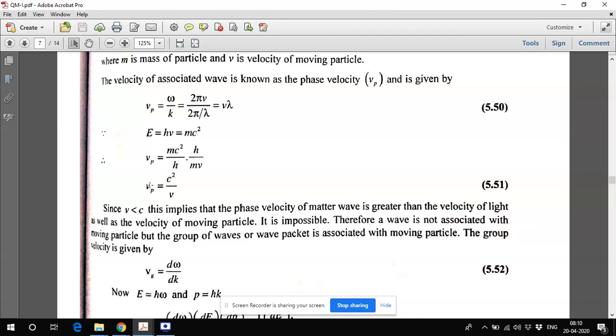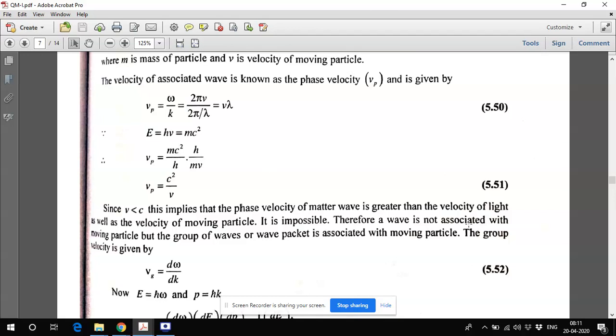Any particle, any matter in the universe contains a wave. Suppose I'm targeting an electron. The electron should have a wave, as we know from the de Broglie hypothesis. But this velocity is not good, because from this velocity the particle will stay behind and its wave will keep moving with a speed more than c, and that is not practical.